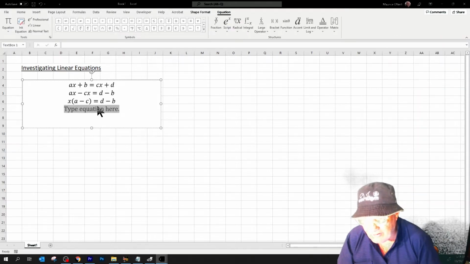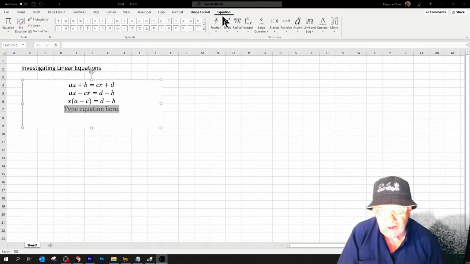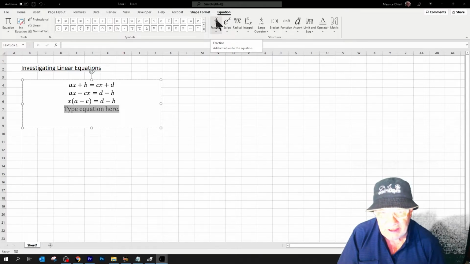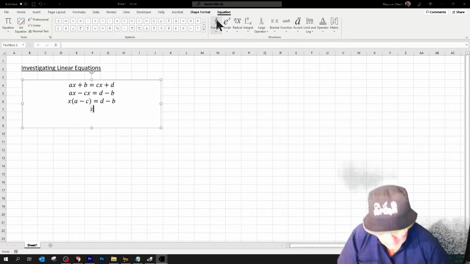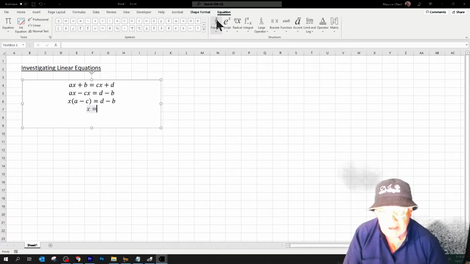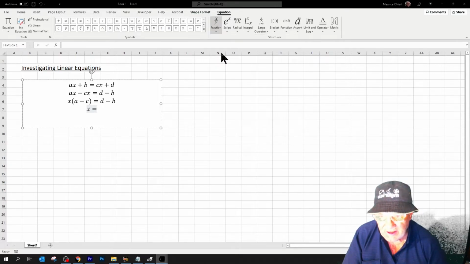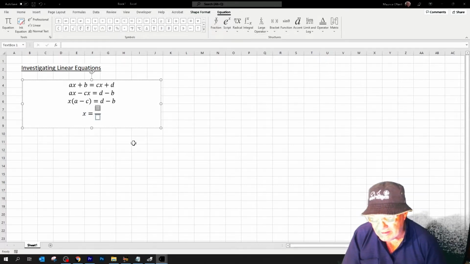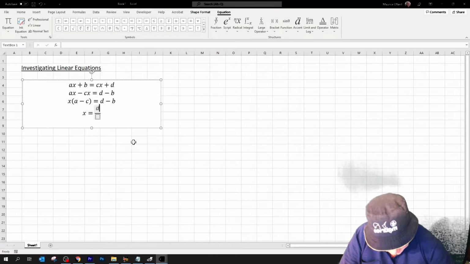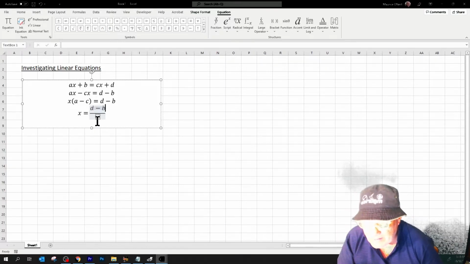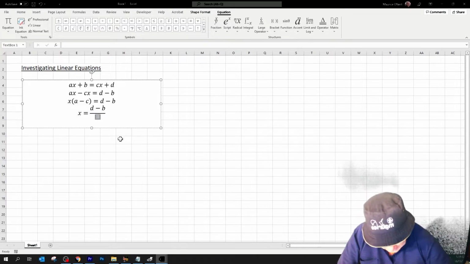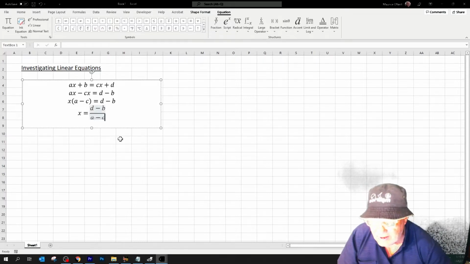And so now I'm going to put in x equals, and I'm going to put that there, and then up the top I'll have d minus b, and at the bottom a minus c.